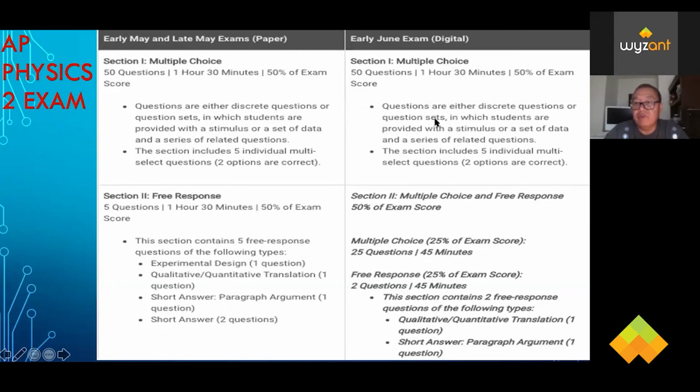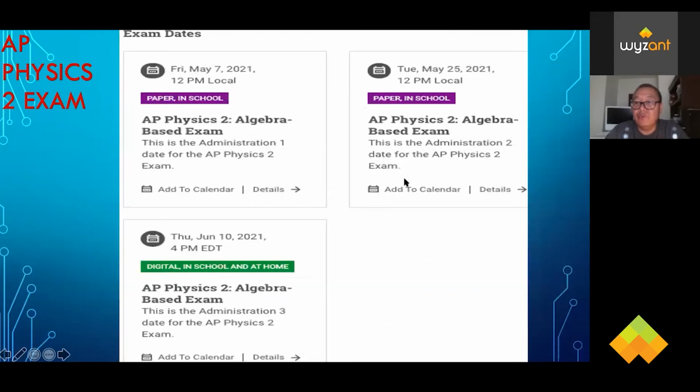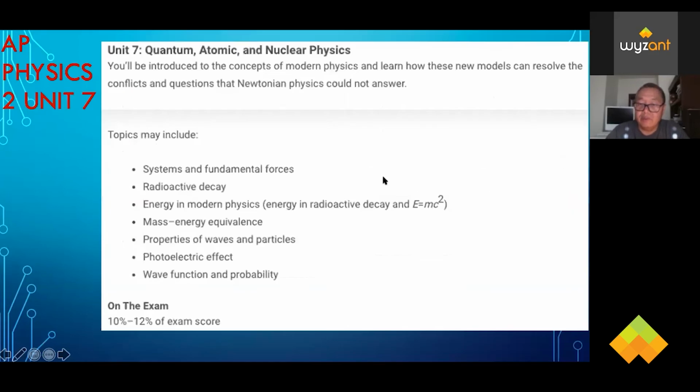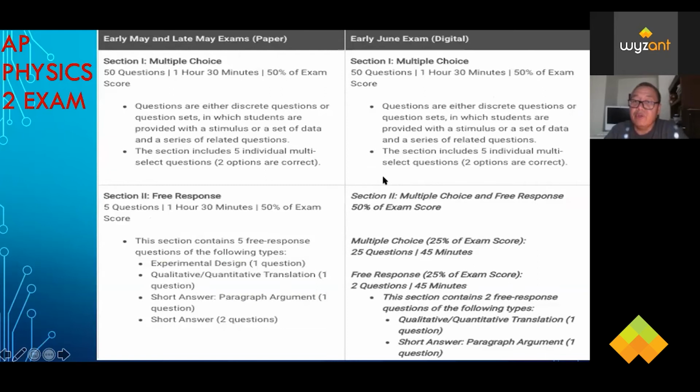That's the same as the paper test. Section 2 is also multiple choice and free response. These have 50% of exam score.